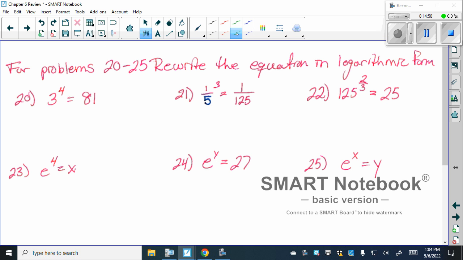So what we can do is use the switching method of looking at what's the base and how it would change, or if I applied log base 1/5 here, log base 1/5 of 1/5 to the 3rd, our power property says I can move the 3 up front. And what is log base 1/5 of 1/5? It's 1. It simplifies. So really the only thing left on that side is 3.